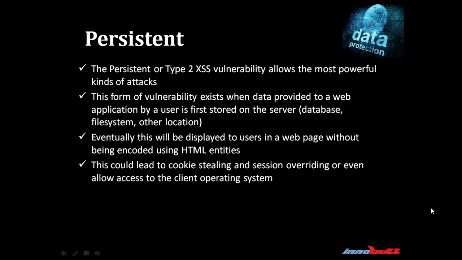This could lead to cookie stealing and session overriding, or even allow access to the client operating system. Rumor has it that if a persistent XSS vulnerability is found in the web application, a well-directed script code could lead to information about the internal network that the server is connected to. This level of pervasiveness is indeed something that should be accounted for when performing proper audits.